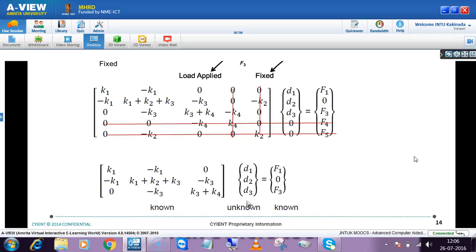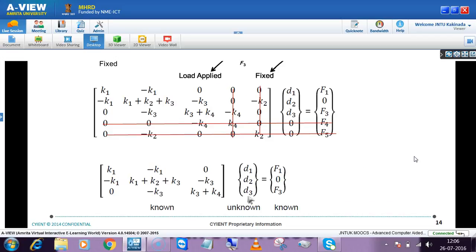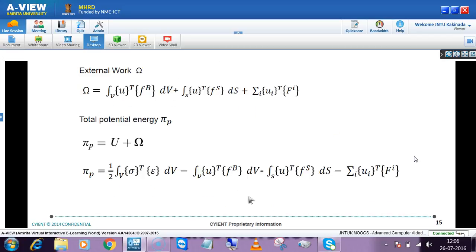It is a three-dimensional matrix with unknowns and knowns. Here we can invert this matrix. We have the F1 and F3 values, and we know the stiffness values. So when you invert it, we can get D1, D2, D3. So this is the minimum potential energy method for a simple problem.